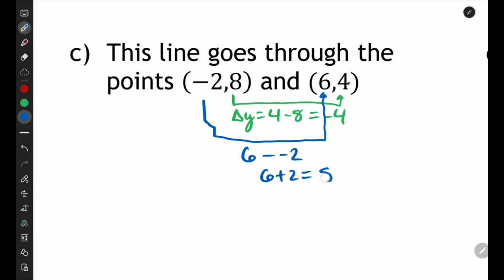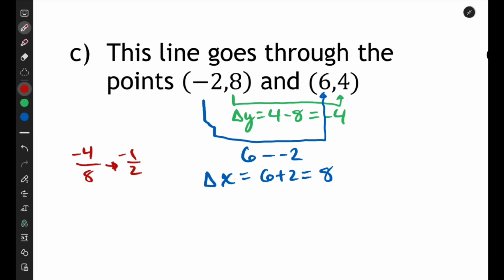So I get that my x value increased by 8 units. So I know both the delta y and the delta x. The slope of this line is negative 4 divided by 8, or negative 1/2. So this is a situation where the line is decreasing by 1/2 unit each time x increases by 1.